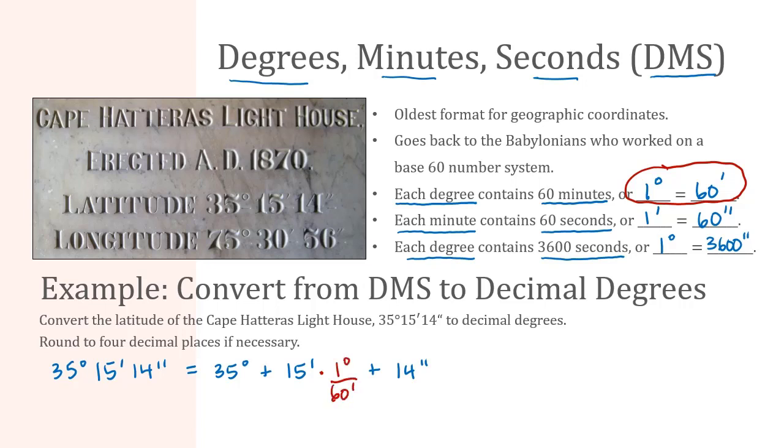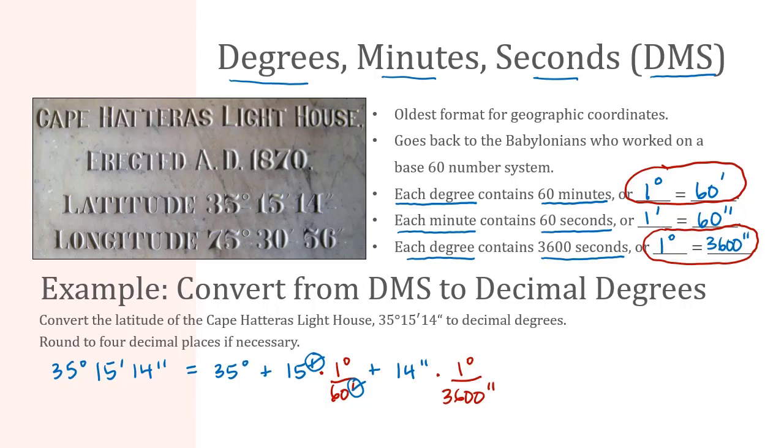Now the reason why I choose this way to do it is because notice on the top the minutes are there, and now on the bottom the minutes are there. Those units are going to cancel each other out, and I'll be left with just degrees, which is what I wanted. For the 14 seconds, I need to convert from seconds into degrees, and so I'm going to use the conversion that 1 degree is 3,600 seconds, and I'm going to multiply by that. 1 degree on the top, 3,600 seconds on the bottom.